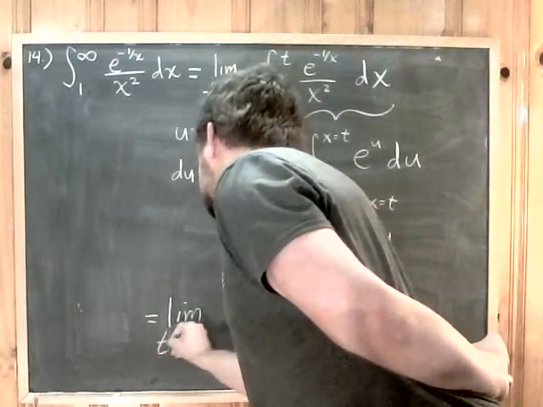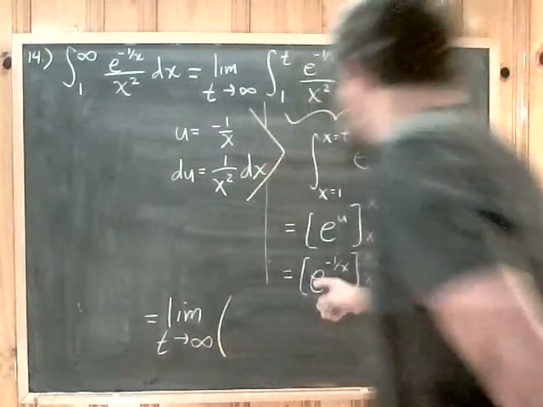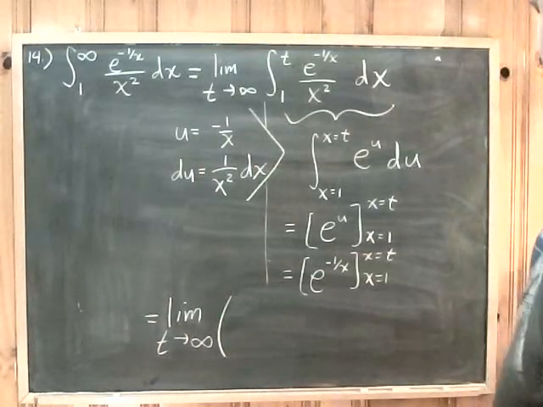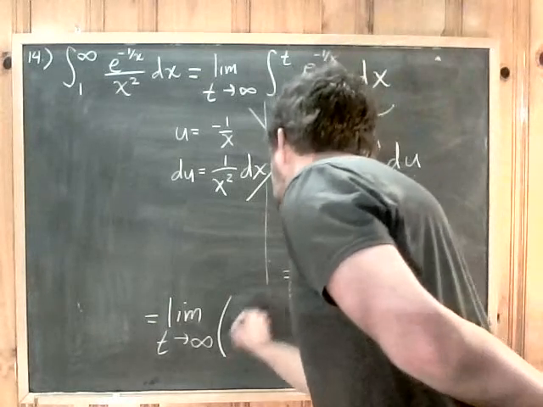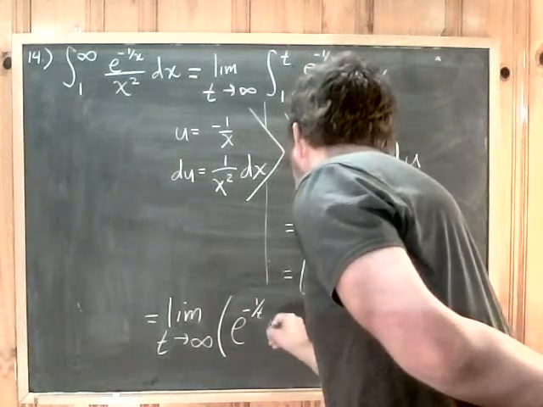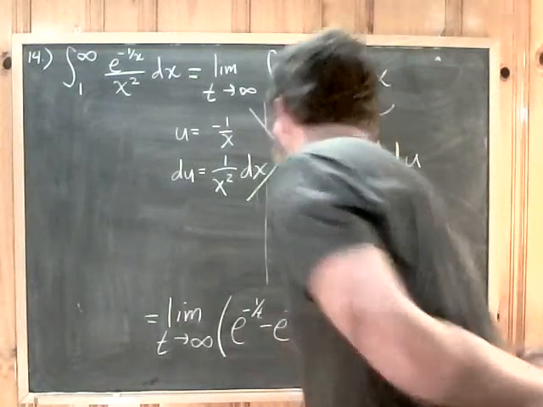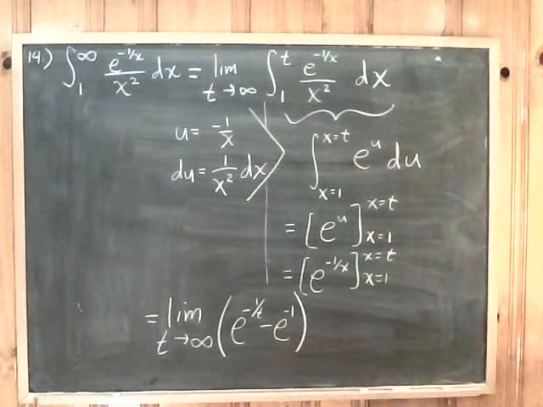So now let me take the limit. Limit as t goes to infinity. And plugging in the t and the 1, I get e to the negative 1 divided by t minus e to the negative 1. And now I plug in the infinity.